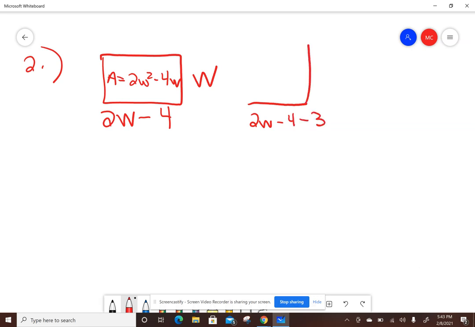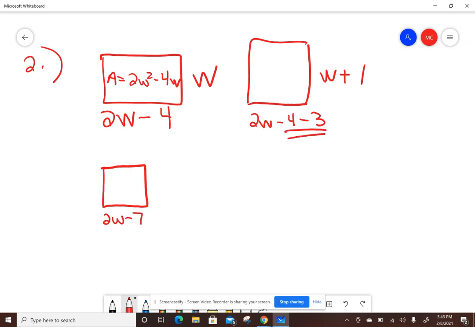And the width is increased by 1. So instead of being W, it becomes W plus 1. So this has a new shape. So my new shape, this is 2W minus 7, because minus 4 minus 3 is minus 7, and W plus 1.